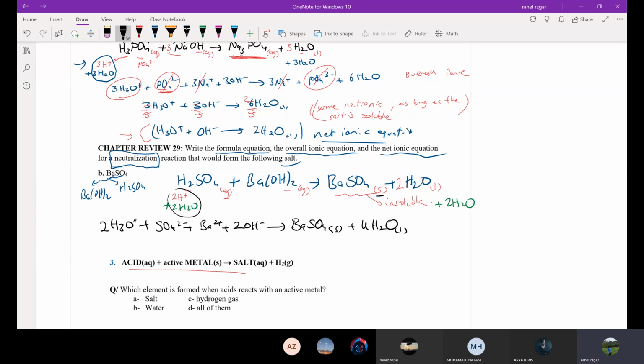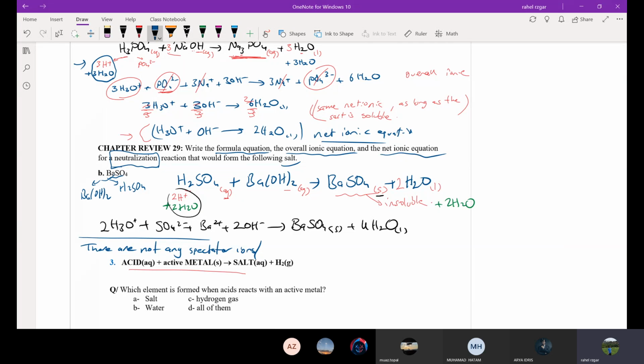If there are not any ions in the product side, then for this reaction we will say there are not any spectator ions. If we don't have spectator ions, then we have reached the net ionic equation.